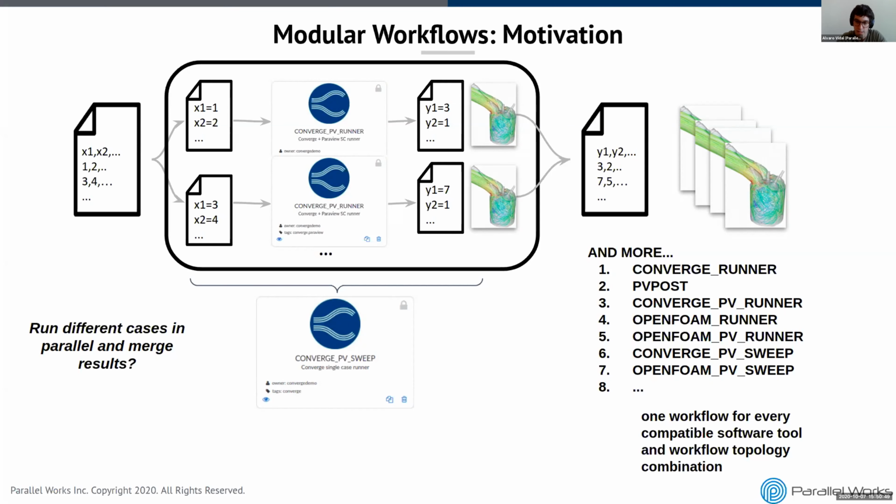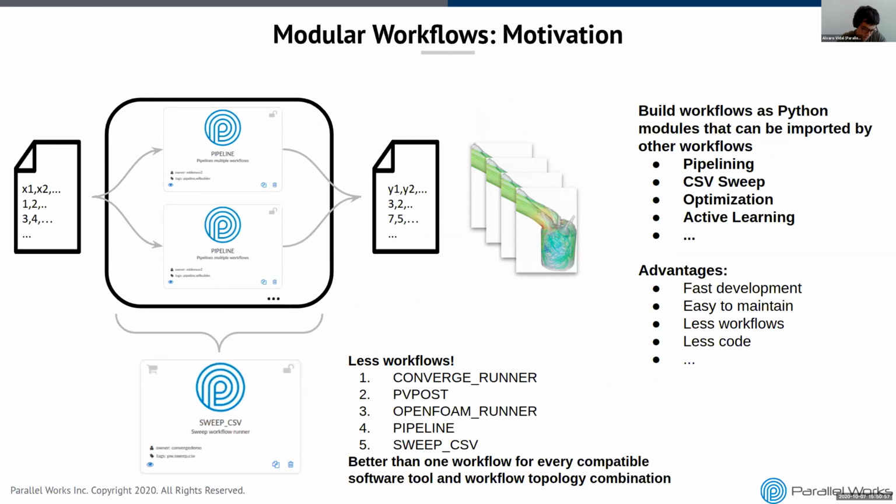If you keep doing this, you end up with one workflow for every compatible software tool and workflow topology. So to avoid this, you can create a pipeline workflow that basically imports any given workflow, in this case, the converts and the Paraview post-processor, and pipes them together.